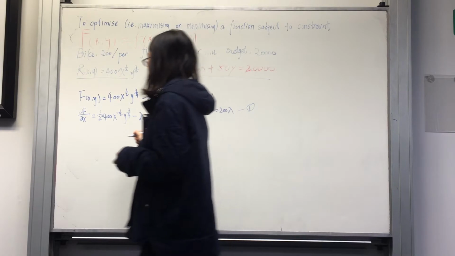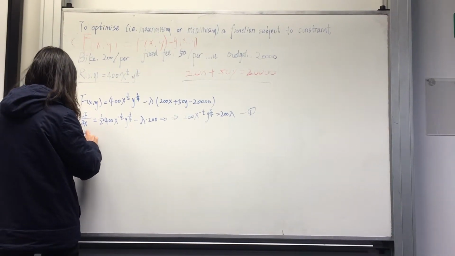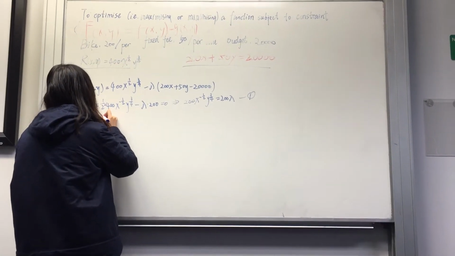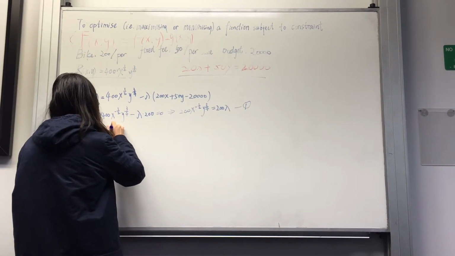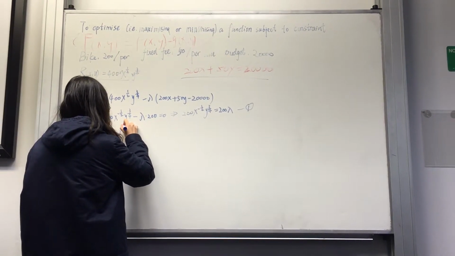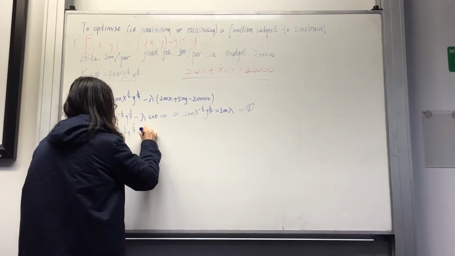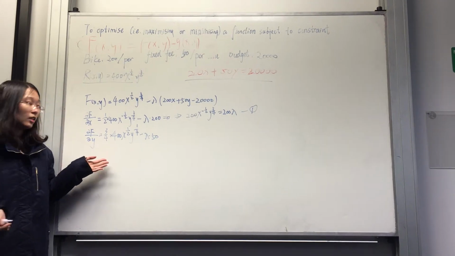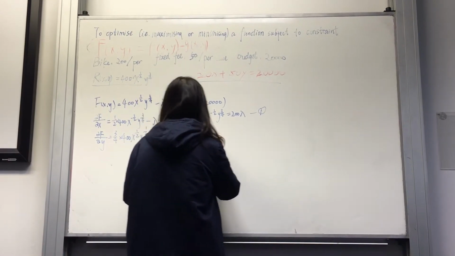Now we take the partial derivative with respect to y, set it equal to 0, and simplify it.